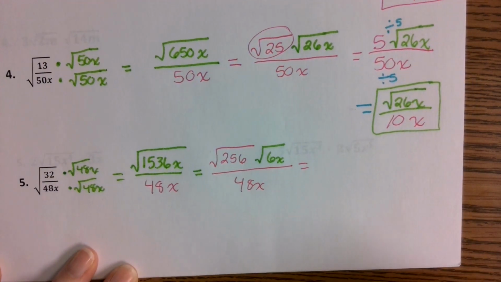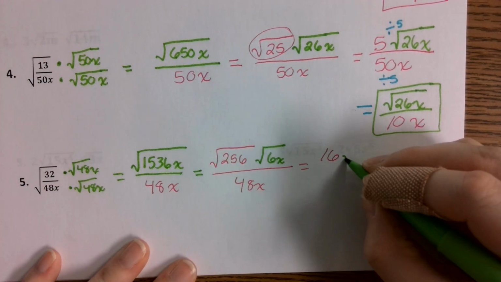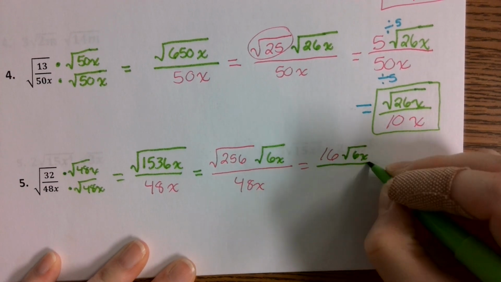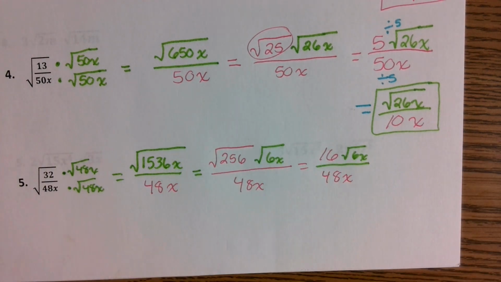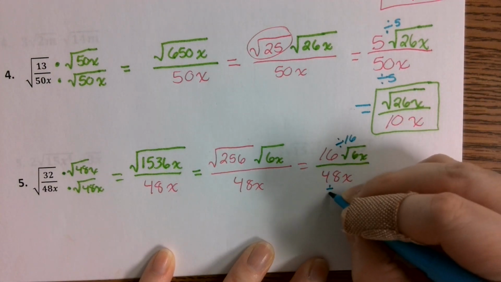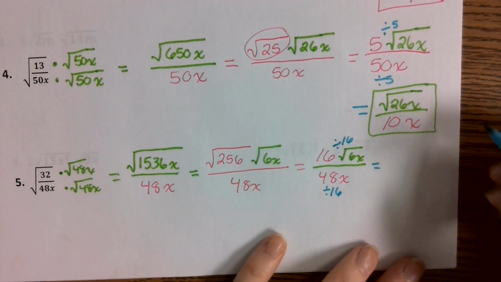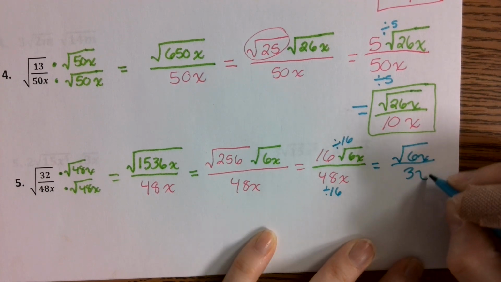When you take the square root of 256, you're going to get 16. So you have 16 square root of 6x over 48x. And then you're going to have to simplify, right? I know these are both divisible by 16. 48 can be divided by 16. And our final answer is just going to be square root of 6x over 3x.